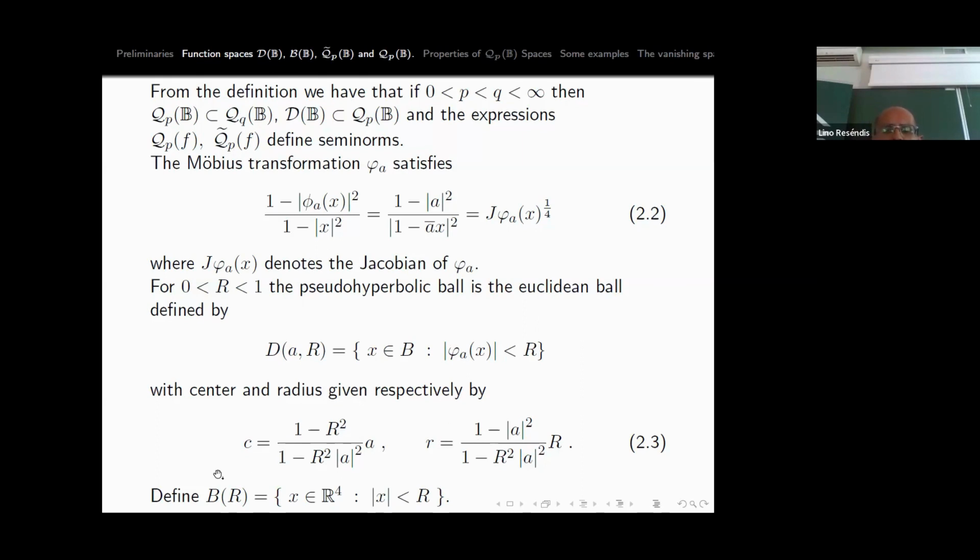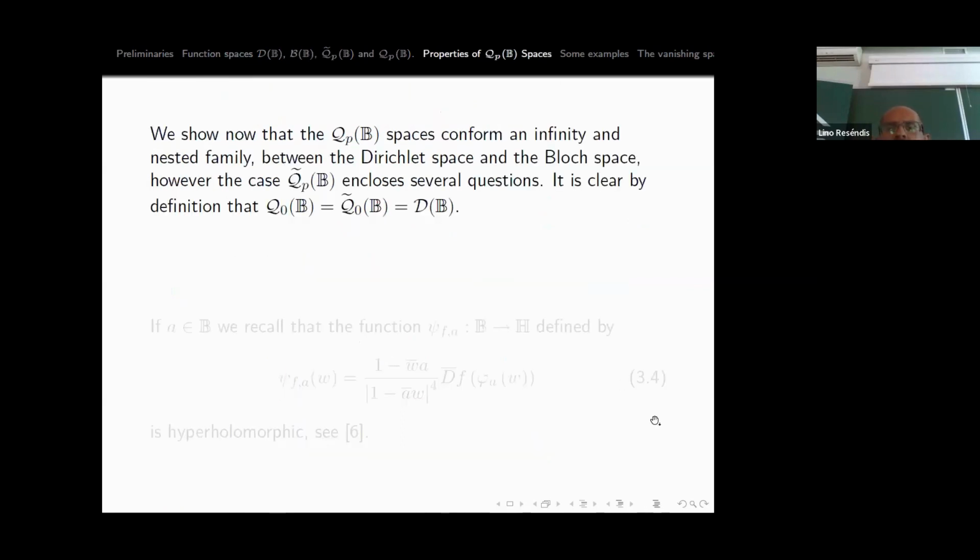Also we define the ball with center 0 and radius r in this form. Now we consider this. We will show that the Q_p spaces form an infinite family between the Dirichlet space and the Bloch space.